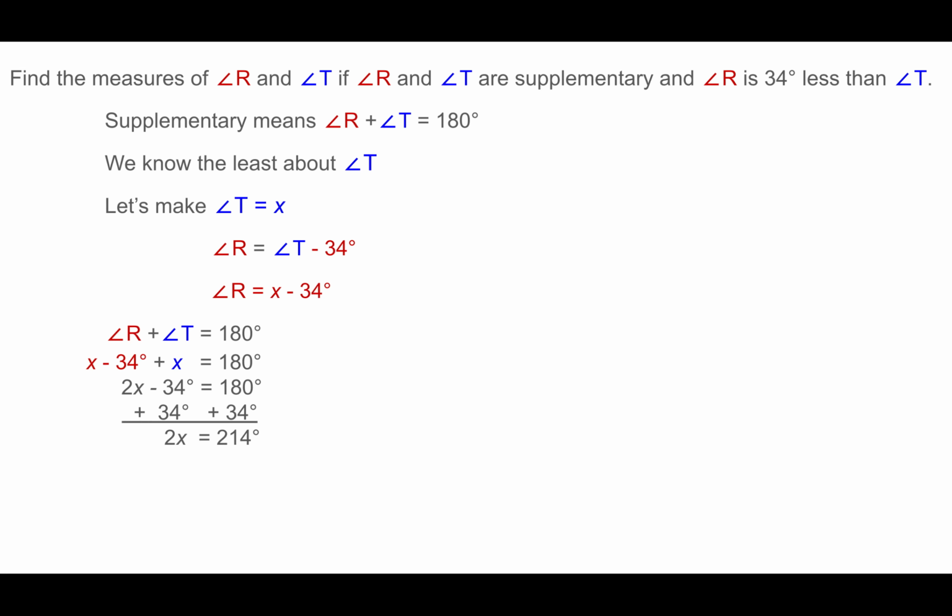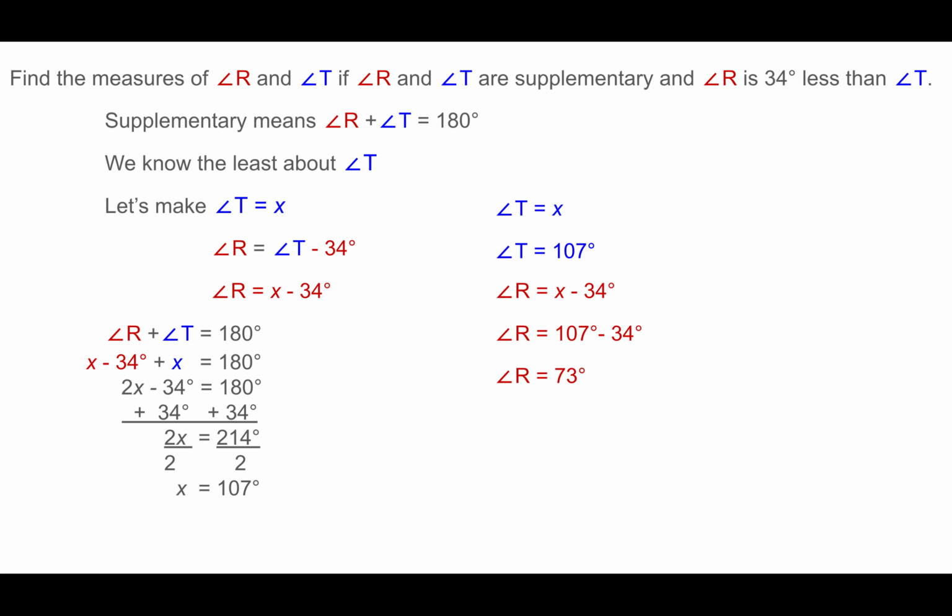We add 34 to each side, so 2X equals 214 degrees. Divide by 2, and X equals 107 degrees. We know that angle T equals X, therefore angle T equals 107 degrees. We know that angle R is X minus 34. And again, X is 107 degrees, so when we subtract, we get 73 degrees.